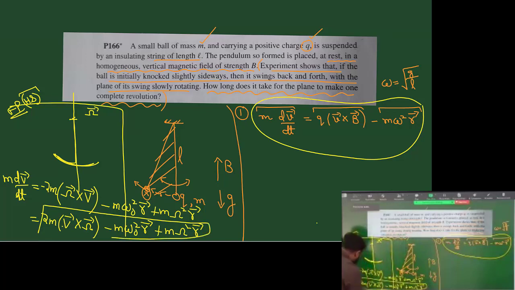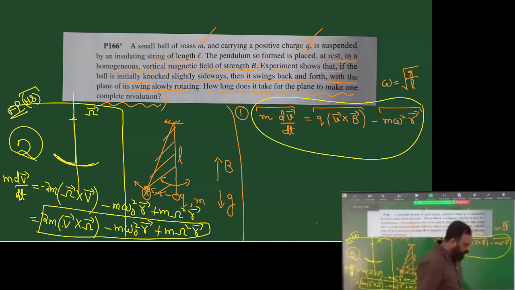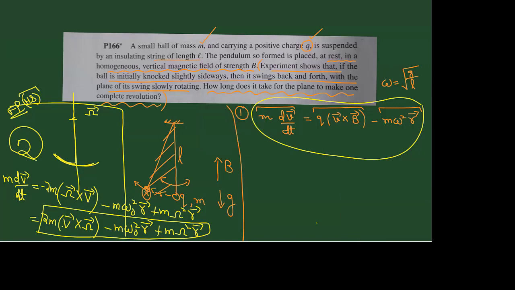While writing mass into acceleration, this is, let's say, my equation number 2, I have written all the real forces. Because actually I am rotating with omega, that's why I'm writing two extra terms. Otherwise, the real force was only minus m omega naught square r vector. And these two imaginary forces, we have studied them, are the Coriolis term and the centrifugal term.